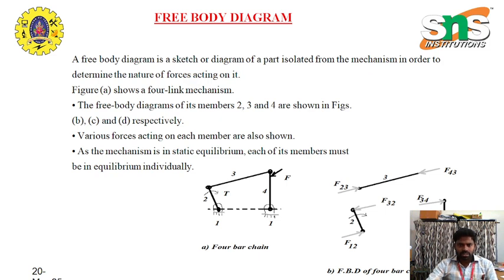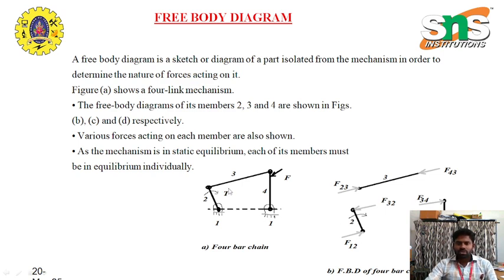Next, see an example of a 4-bar mechanism. Here we have a 4-bar chain with links 1, 2 and 3, and link 2 is the crank, the rotating element. The various forces acting on each member are to be listed. This is the free body diagram of the 4-bar chain, starting with link 2, the crank.